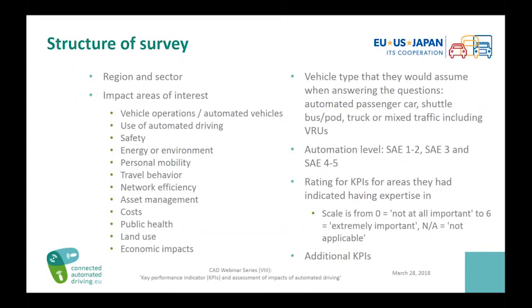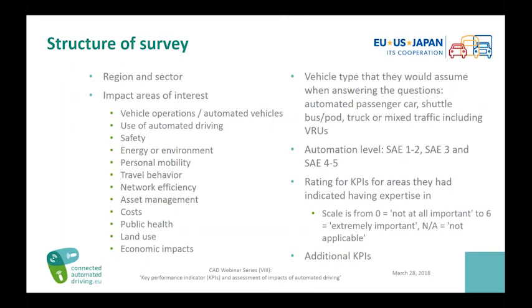Then, what is a more important or less important key performance indicator? Of course, it depends partly on what kind of transport system you are assessing. Are you looking at an automated passenger car, shuttle bus, or truck, or are you looking at mixed traffic?